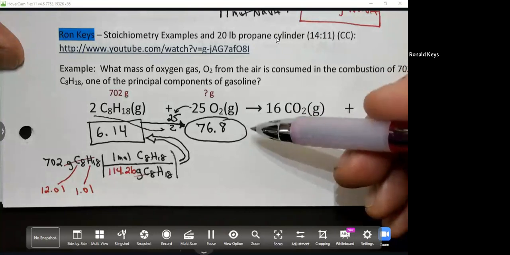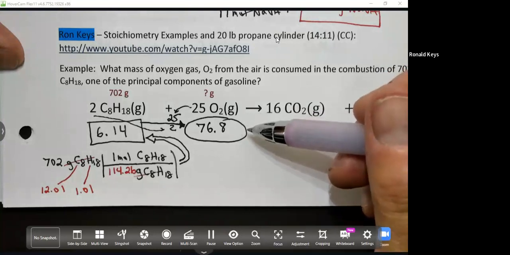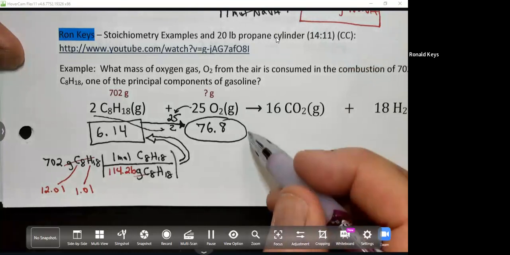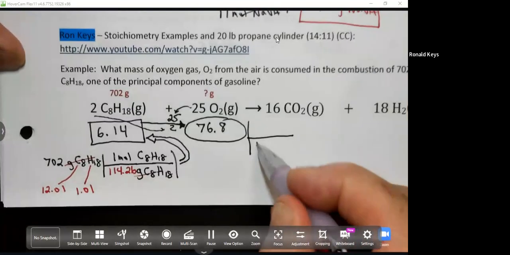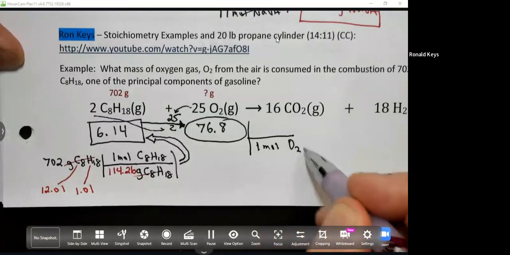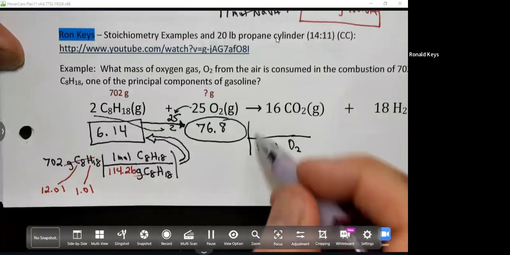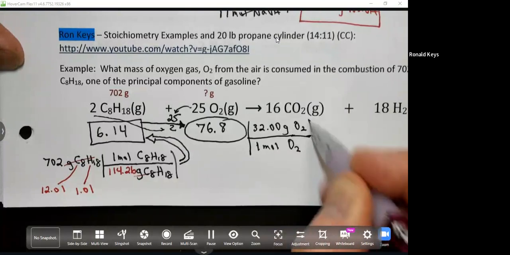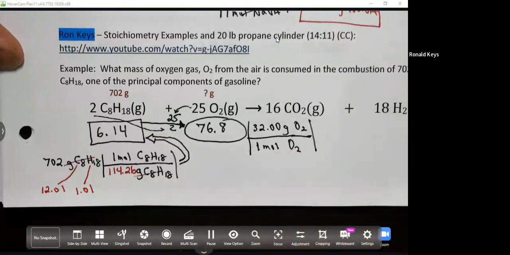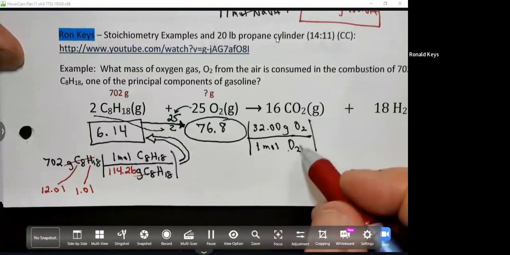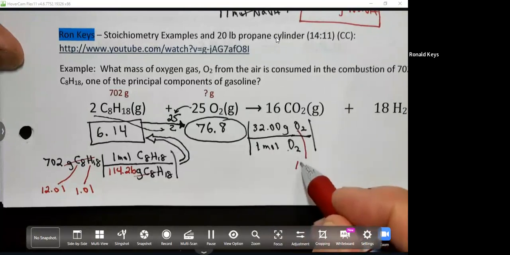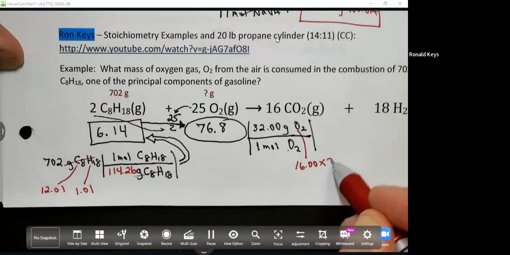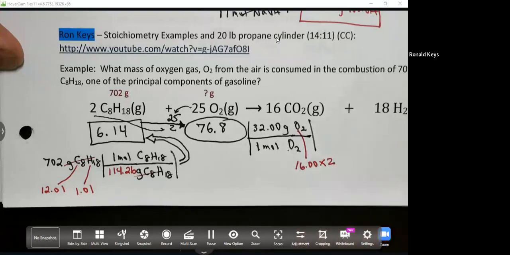Now we just got to convert that back to grams, right? So we're going to go 1 mole of oxygen, 32 grams of oxygen. O2, 16.00 times 2, because there's 2 oxygens, so 32 there.